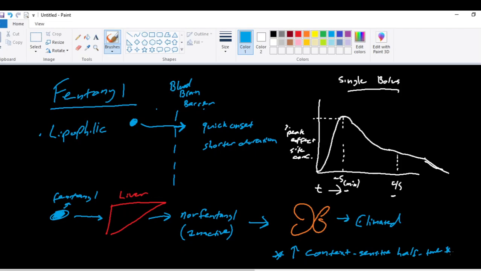Meaning if you have a fentanyl infusion going at steady state, then the longer the duration of your infusion, the longer it's going to take for that fentanyl to decrease by 50% in the plasma. So that has implications while you're trying to figure out when to discontinue the fentanyl in order to emerge from anesthesia or wake up from anesthesia. That's why fentanyl infusions are not that recommended.